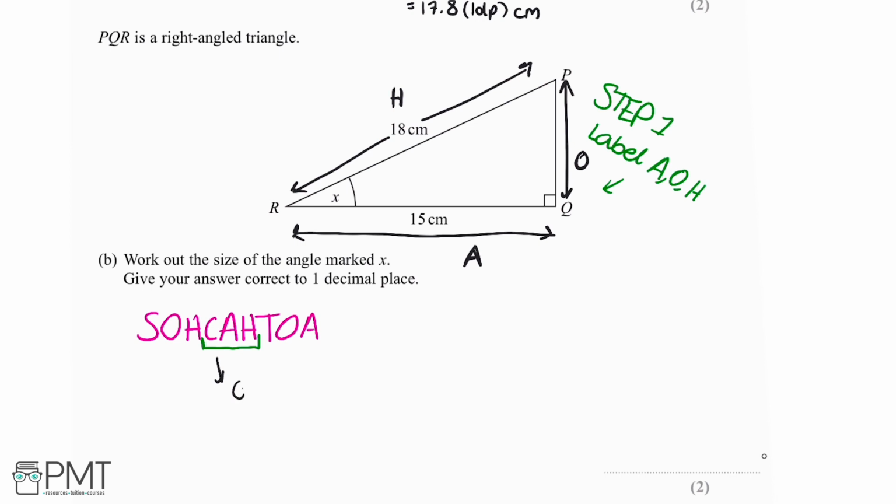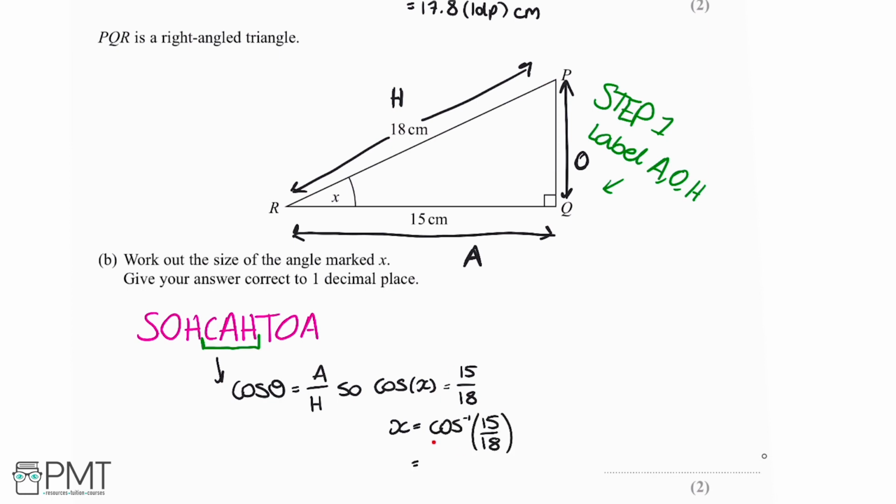So what this means is that cos of some angle is the adjacent over the hypotenuse. So in our case, we're going to have cos of our angle X equals the adjacent over hypotenuse, so 15 over 18. Now to get X by itself, we can do inverse cos. So we can say X equals inverse cos of 15 over 18.